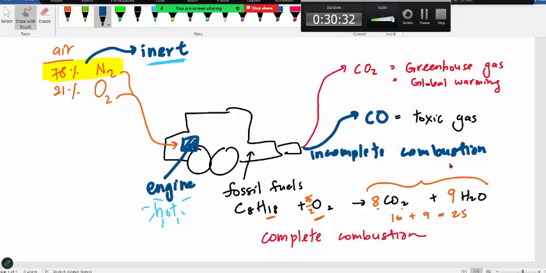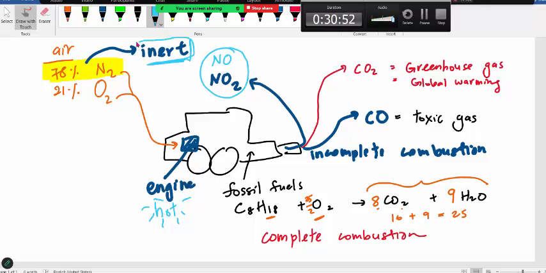Carbon monoxide is from incomplete combustion of fossil fuels. When the nitrogen and oxygen react together, when it comes out, it becomes nitrogen dioxide. It can become nitrogen dioxide or nitrogen monoxide also. We usually call this oxides of nitrogen. So these two are from nitrogen and oxygen from the air reacting in a hot engine. We're not trying to make it, it's just an unwanted byproduct.